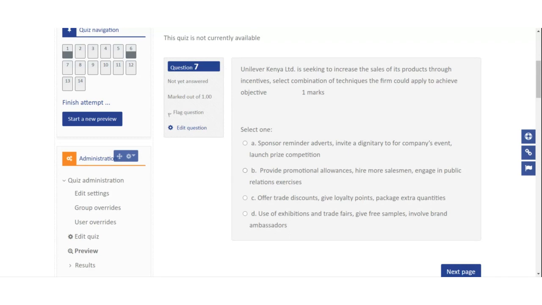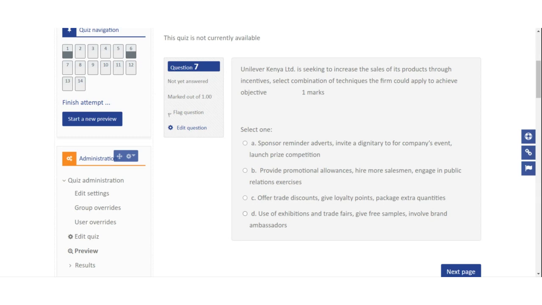Then involving brand ambassadors is like using somebody to promote your product, so it doesn't give a direct incentive to a customer.